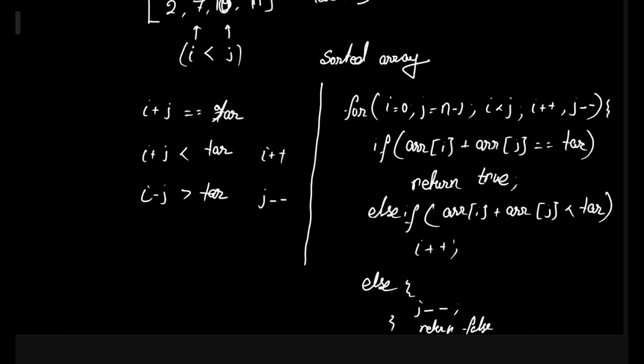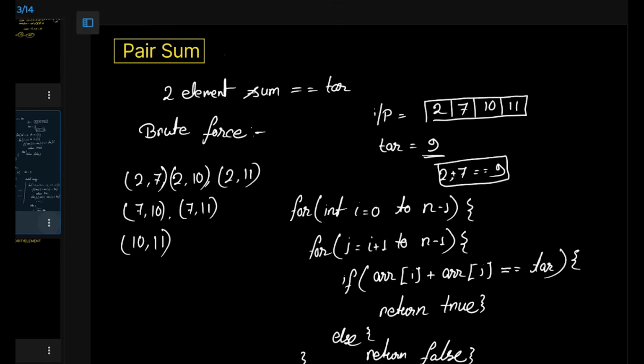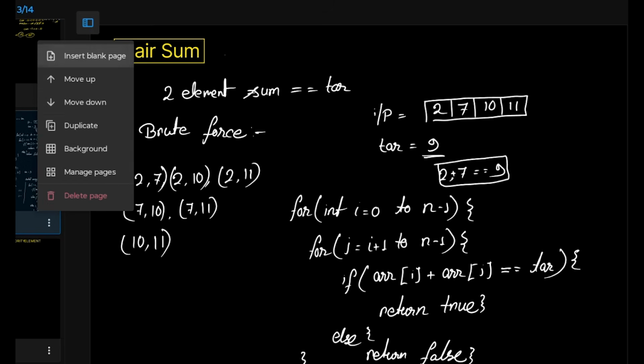Now let's diagram this. We will take the same array, which is 2, 7, 10 and 11, and our target is 9.